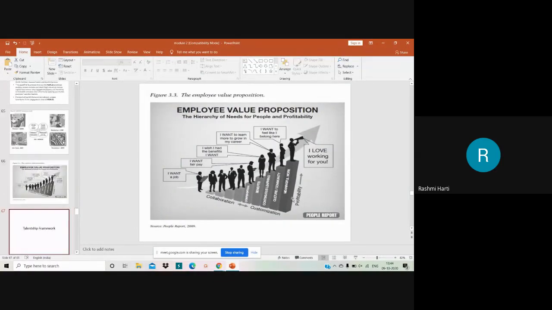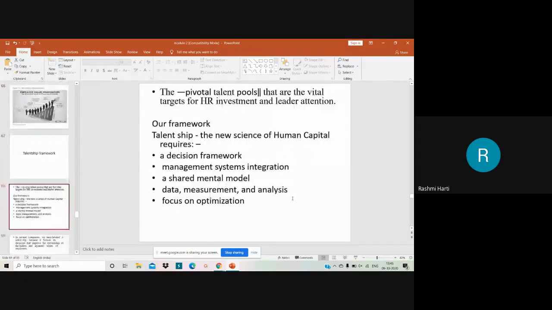Then coming on to the talentship framework, in that you have the pivotal talent pools, that are the vital targets for HR investment and leader attention. Now here in the talentship framework, this is a new science of human capital that requires a decision framework, that is management system integration, a shared mental model, data, measurement and analysis focused on optimization.